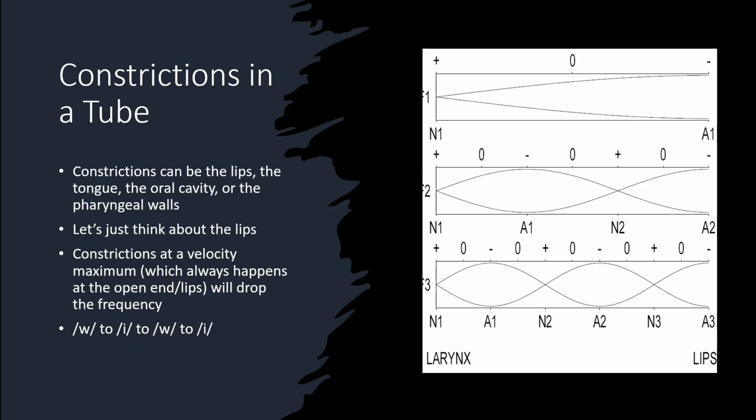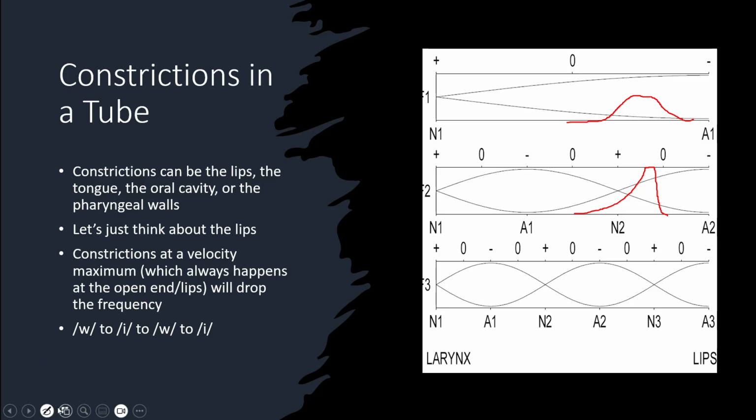So like the lips, for instance, you can close the lips a little bit, or you can open them more. The tongue, you could move the tongue up. Like if this is your vocal tract, you can lift a portion of the tongue right here. If you're making an L, you lift the tongue quite a bit and make a pretty good constriction.